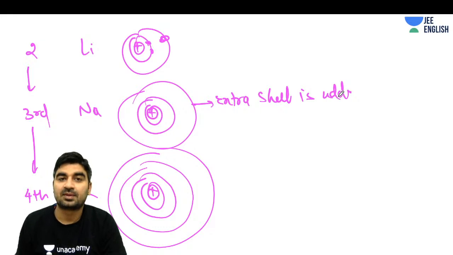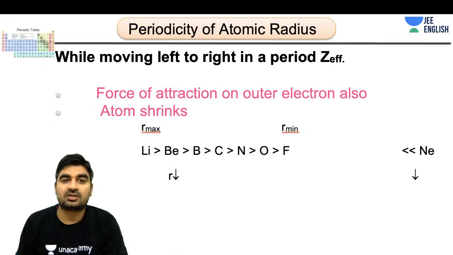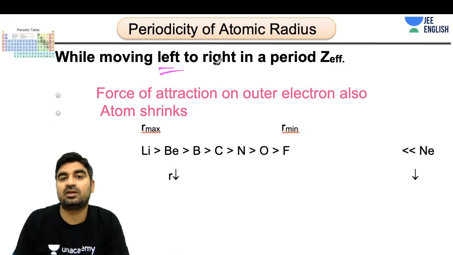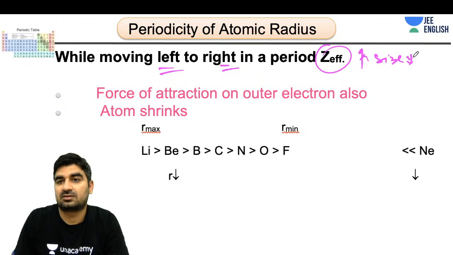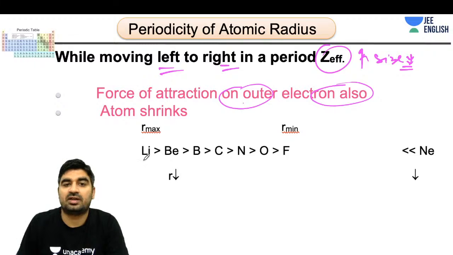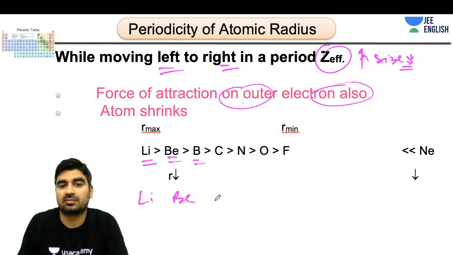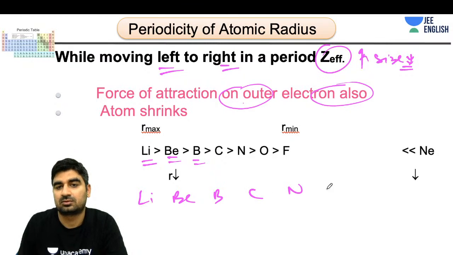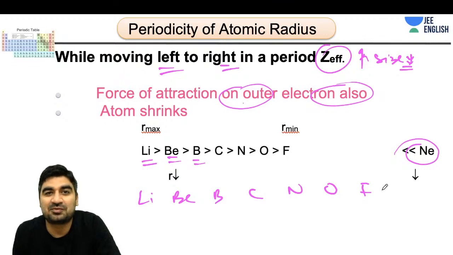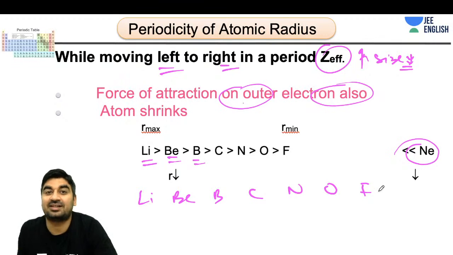Got it? So let's talk about it. While moving left to right in a period, Z effective increases. As a result, size decreases. Force of attraction on outer electron. So guys, this will be the order. If we're talking about lithium, beryllium, boron, neon, because for neon we will measure the covalent radius and that is totally different.